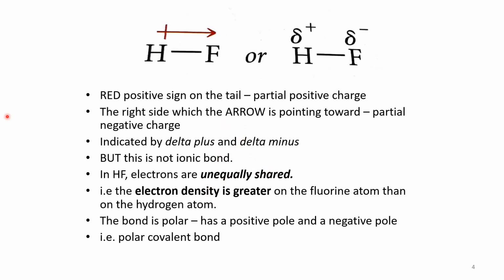So hydrogen fluoride mempunyai bond dan this bond is polar. So bila ada bond yang polar, it has a positive pole and a negative pole. So hydrogen fluoride dikenali mempunyai polar covalent bond.